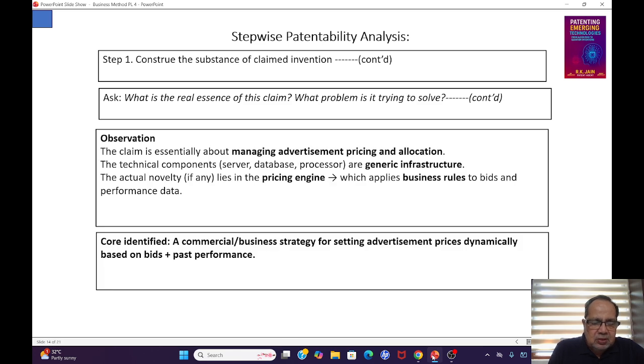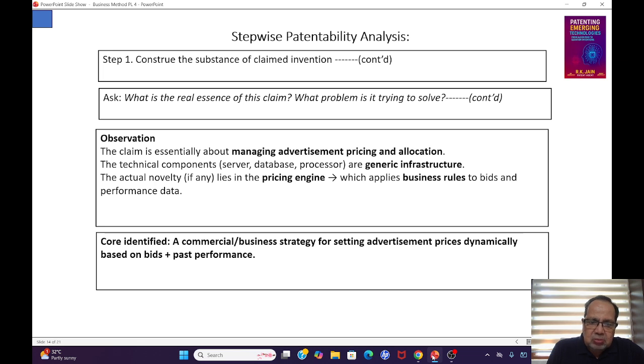Once we have broken this down, we now want to move to the assessment part of this core element. But before that, we need to crystallize the core so that the assessment becomes easy. So let us make a few observations. This claim is essentially about managing advertisement pricing and allocation.